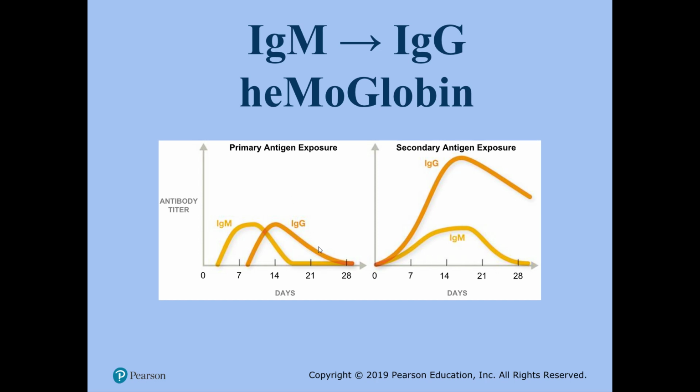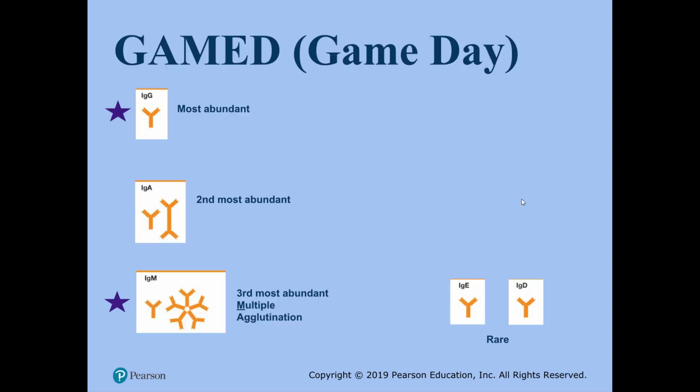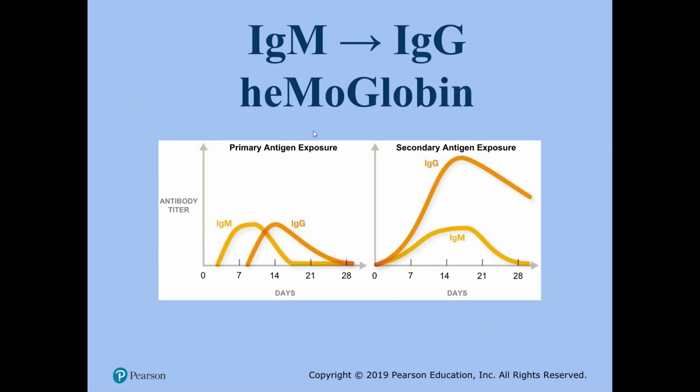It's not M and then G, they both happen at the same time. And what's really interesting is that the IgG amount is a lot higher than the IgM amount. So remember, primary, M is first, then G is second, but in secondary, they're both at the same time, and then the G has a much higher amount. You might remember higher amount because G is the most abundant, so that might help you remember that.